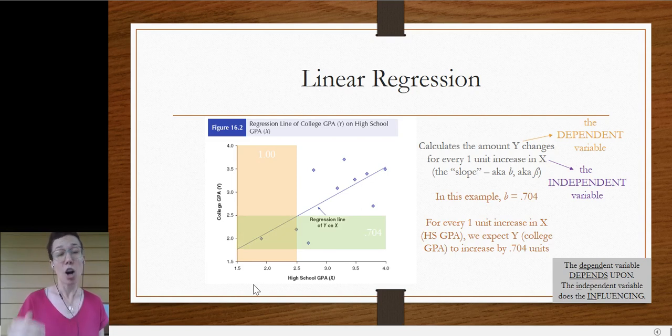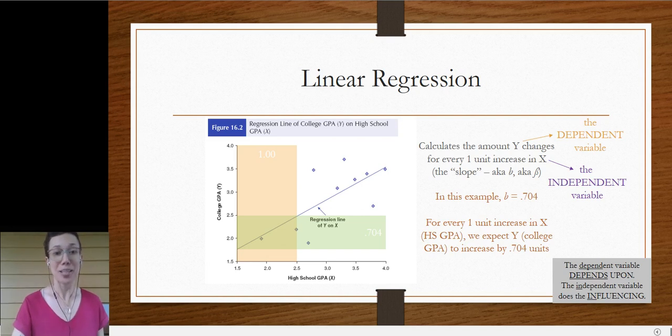We saw college GPA increase by 0.704 units, essentially. So we saw college GPA increase from right here about 1.75 to about 2.5. So we saw a 1 unit increase in high school GPA results in a 0.704 increase in college GPA.